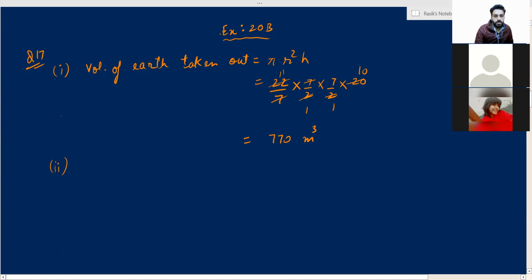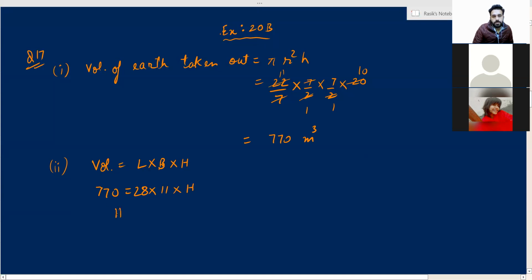So for this, we will use the formula volume is equal to L into B into H, because it is a rectangular plot. Now we already know the volume, 770. What is the length of the plot? 28. What is the breadth? 11 meters. We have to find the height.